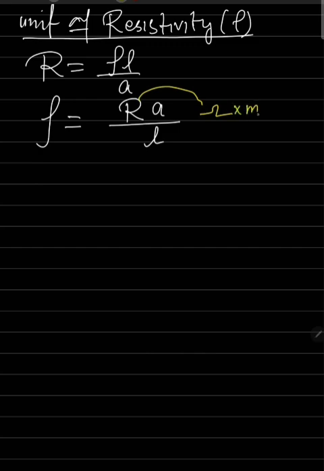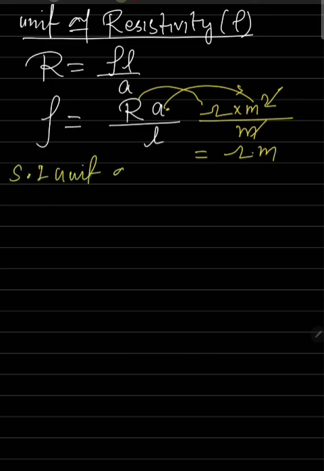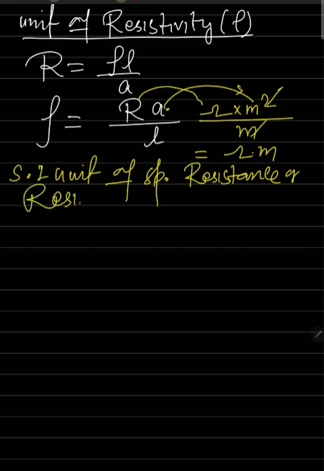Then the unit of cross sectional area is meter square, and the unit of length is meter. So meter square and meter cancel out and it will come ohm meter. Okay, so SI unit of specific resistance or resistivity is ohm meter.